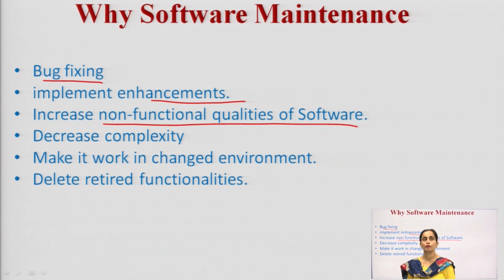So, if we want to increase the non-functional qualities of the software, there is a need for doing software maintenance. Then to decrease the complexity of the software, this maintenance is required. This maintenance makes it work in the changed environment and it deletes the retired functionalities.